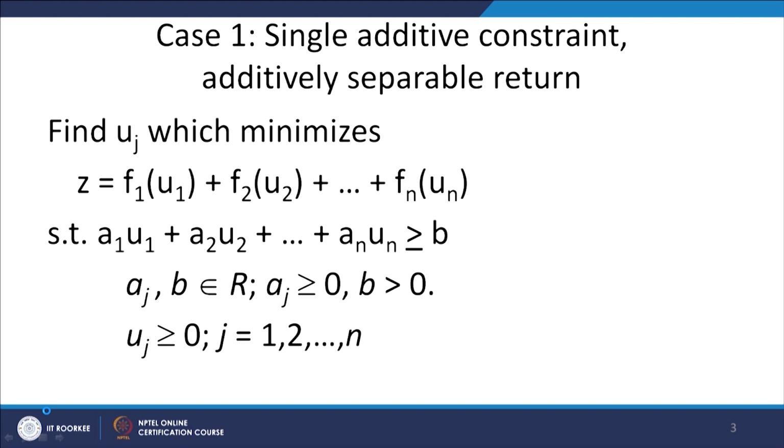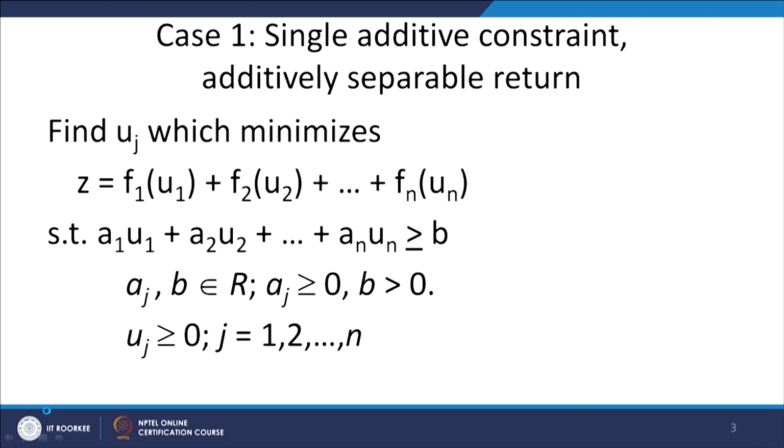Now this is a separable function, which means that the function can be written as a sum of functions of different independent variables. For example, f1(u1) is a function f1 only in the variable u1. Similarly, f2 is a function only in the variable u2, and so on. So these kinds of functions are called separable functions.